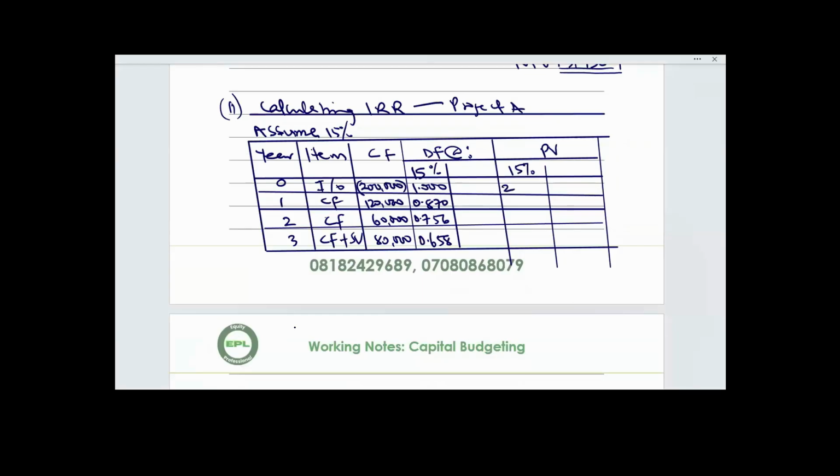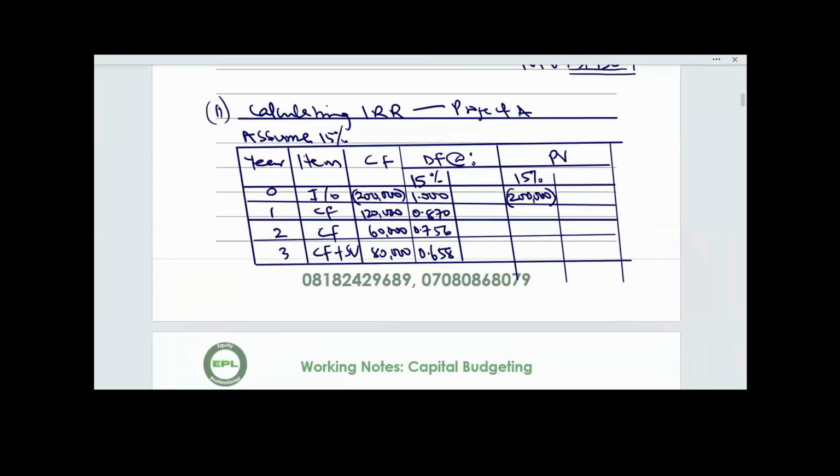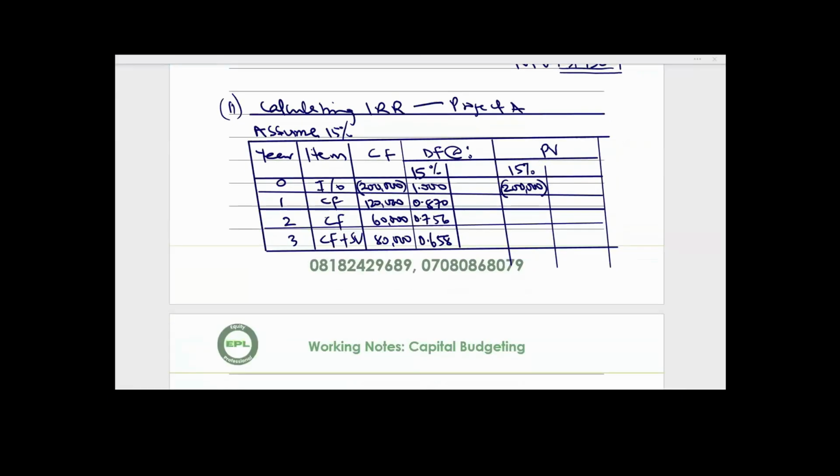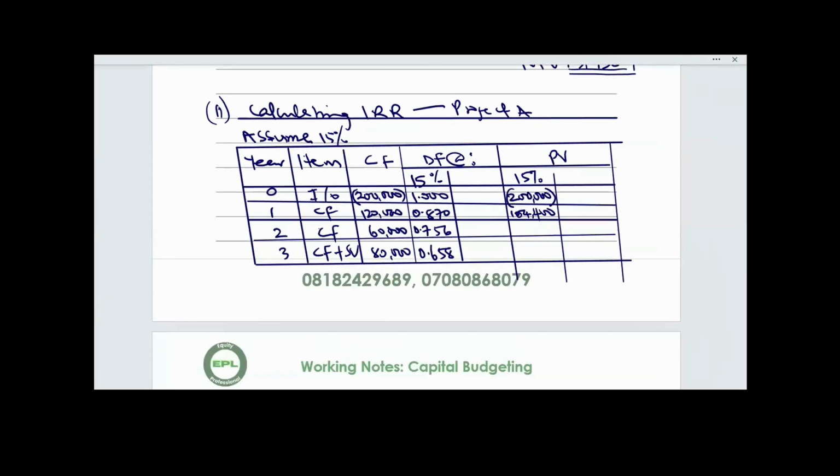Here is 200,000. Then 120,000 multiplied by 0.87 is 104,400. Then year 2, 45,360.